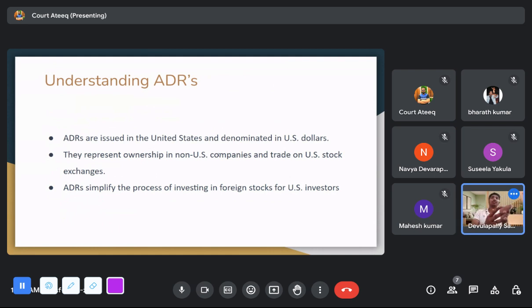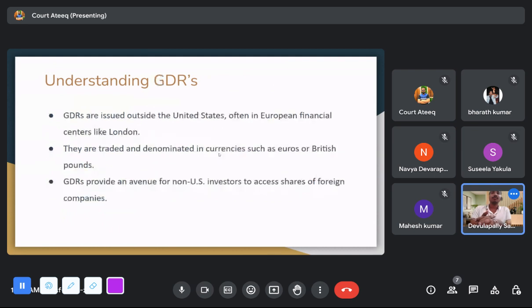Next, we need to get into GDRs. GDRs are the same as ADRs, but in the case of GDRs, the shares are issued in any country other than the US. For example, an Indian company issuing its shares in a European country like the UK, in London, those shares are called global depository receipts, and they are traded in the local currency.